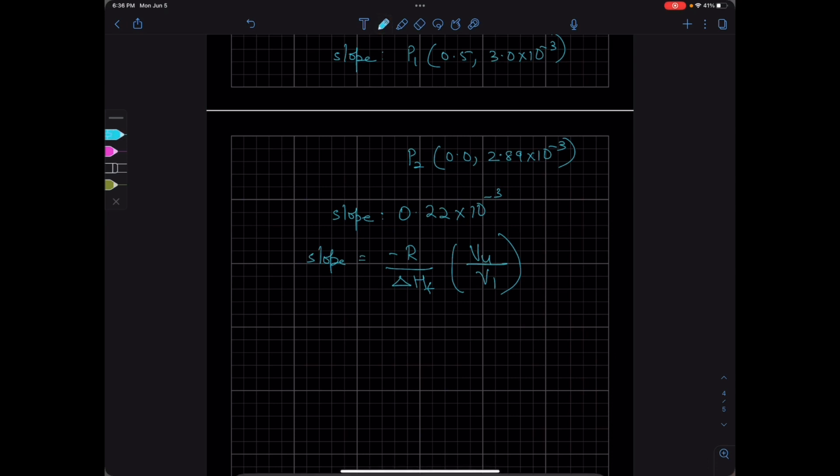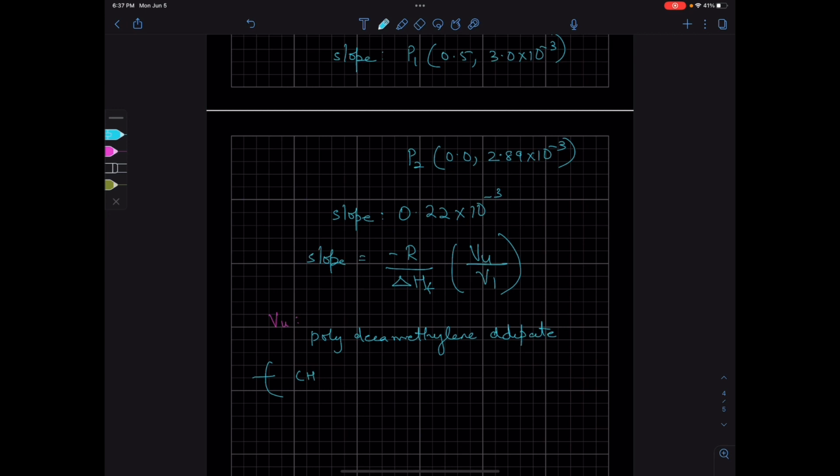Now we have to find out the molar volume of the polymer. For the molar volume of the polymer, let's first find out the molar mass of the polymer and divide that by its density. To find the molar mass, let's write down the structure. The polymer is given to us as polydecamethylene adipate.